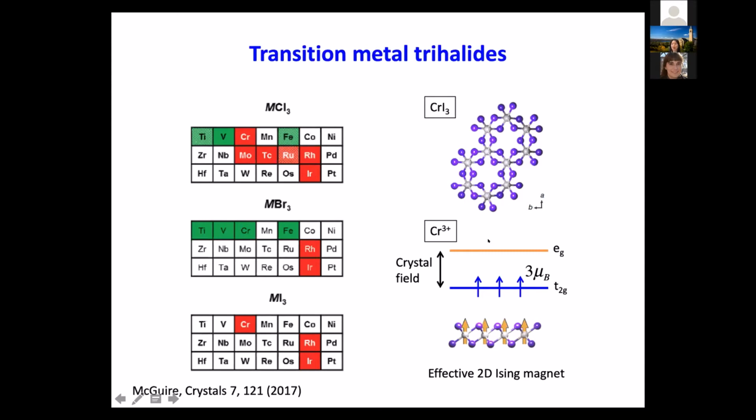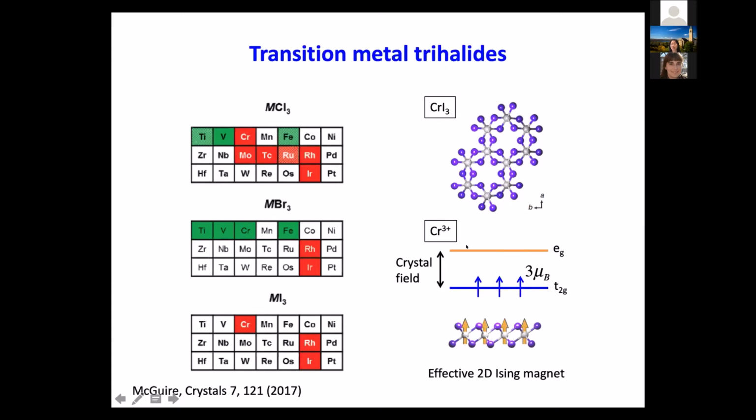So magnetism comes from these chromium ions. It has 6 electrons and donates 3 to the iodine ions, and you have 3 left. And if you look at the crystal field, it occupies the lowest t2g level.